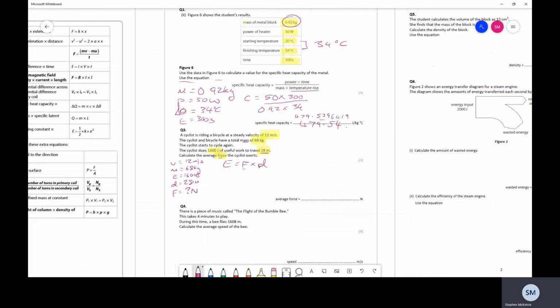I'm going to move D from the top of the line to the bottom of the line. I'm going to divide across by D. E divided by D is equal to F. And then I'm going to put my numbers in.